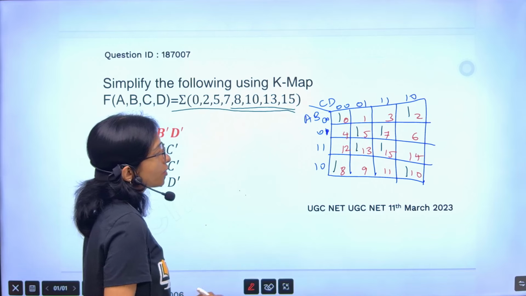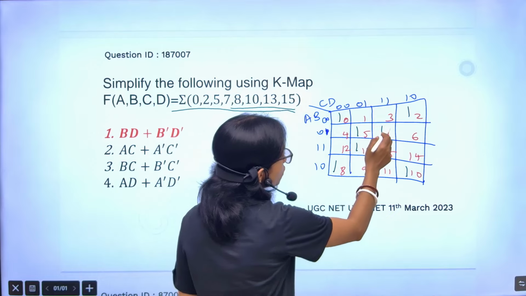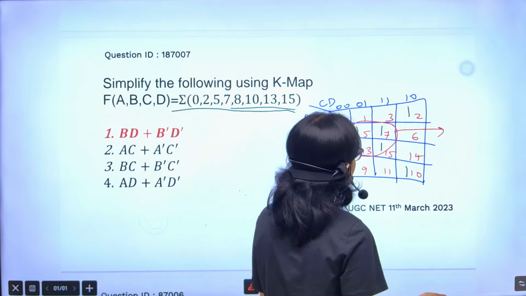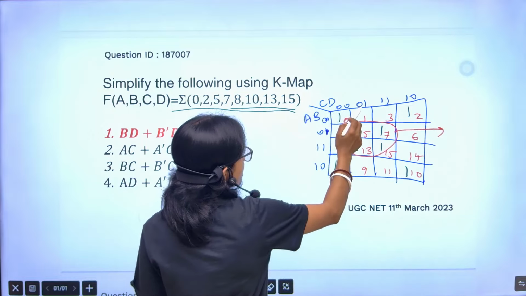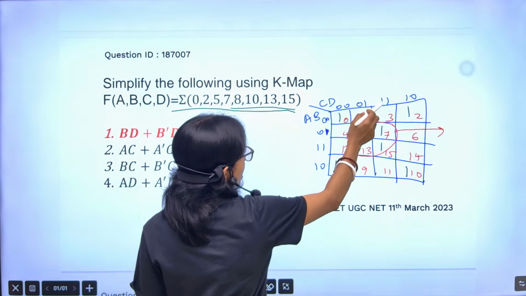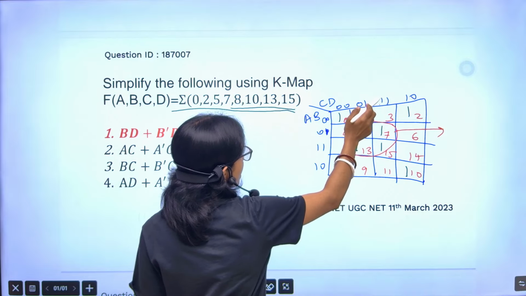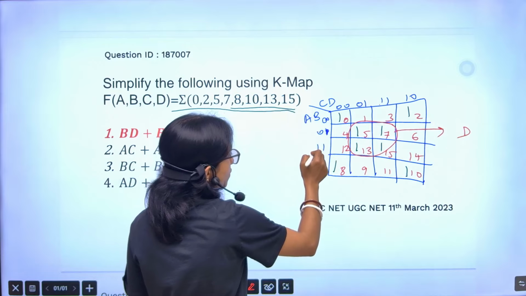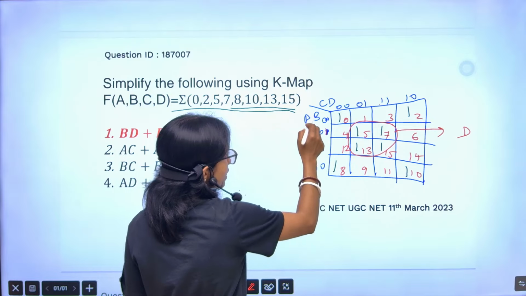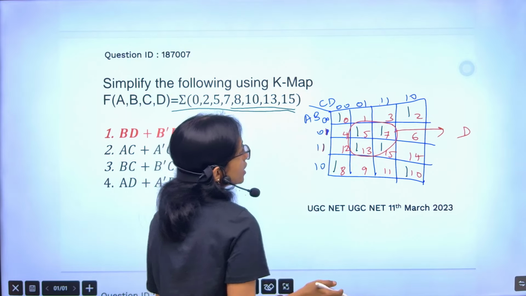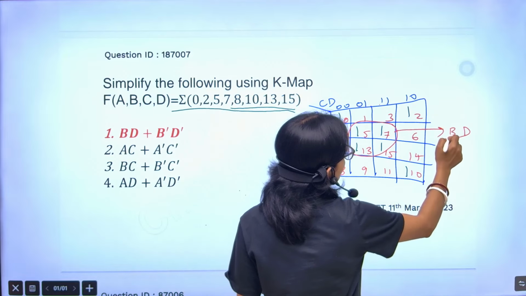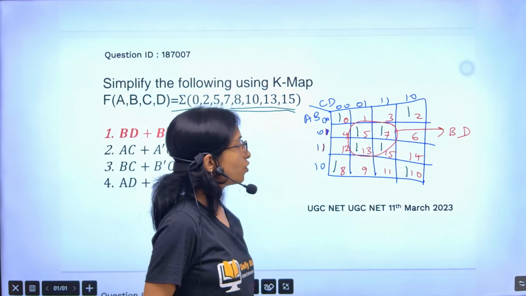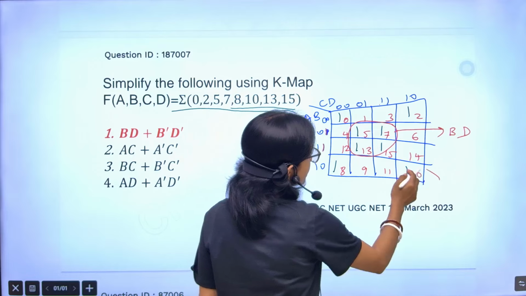Now very clearly you can see how I can do the grouping. These all 4 ones together. If I make the grouping, what value am I getting here? 0, 1 cancel, 1, 1 left. That means from here I am getting D. And from here 0, 1 cancel and there is 1, 1. That means I am getting B. So BD. Now there are 4 ones in the corners, so I have to take this corner.